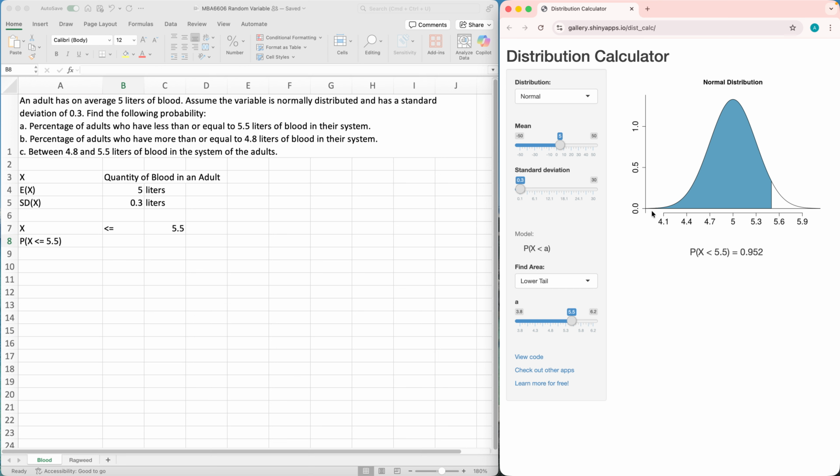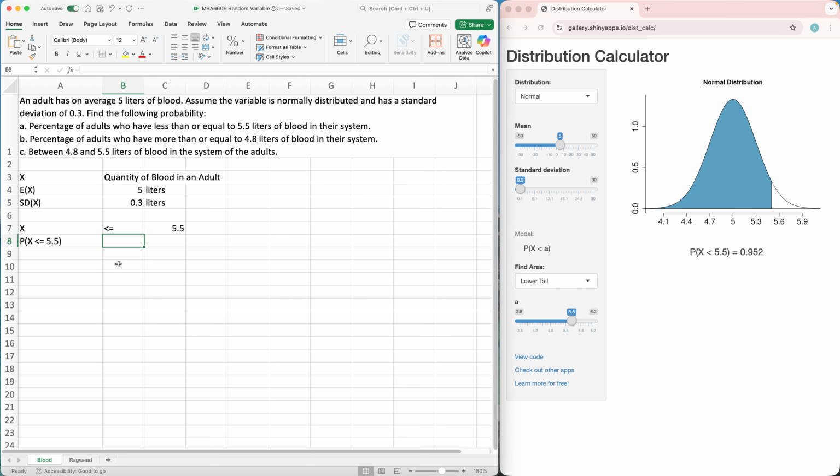So we want to determine this value. We can consider less than or equal to 5.5 as the same as less than 5.5, because in a continuous distribution the probability of x equal to 5.5, or any single value, is 0.